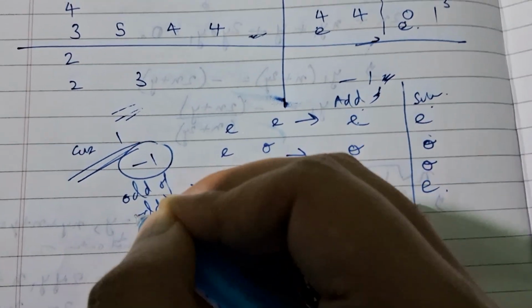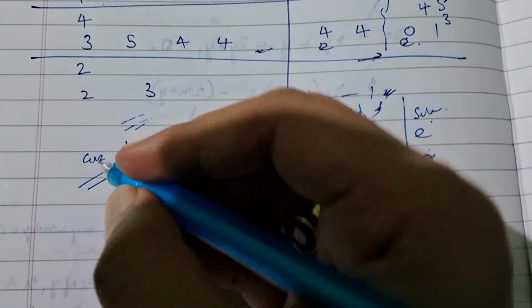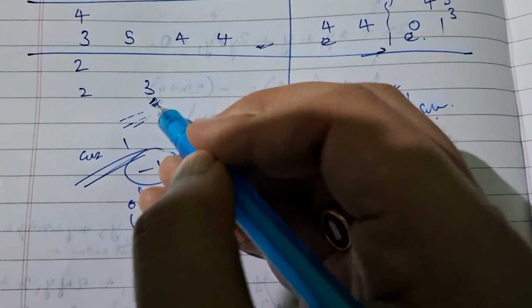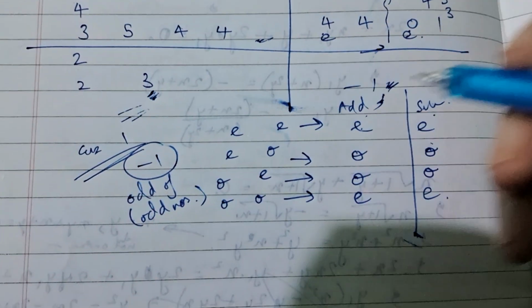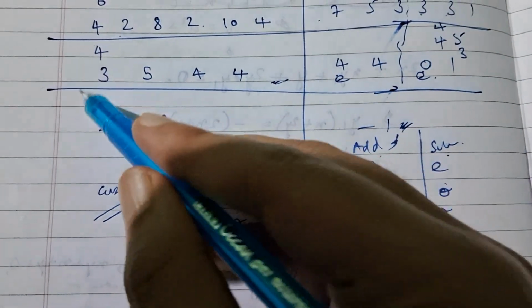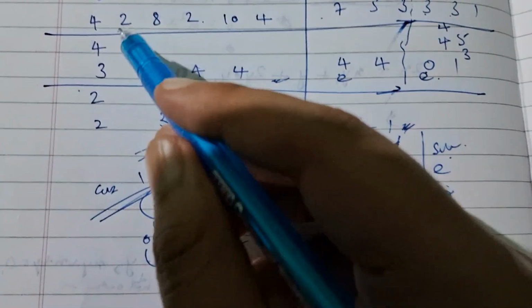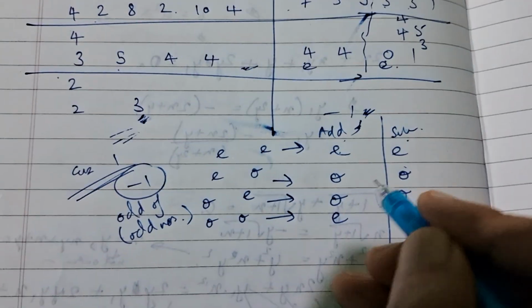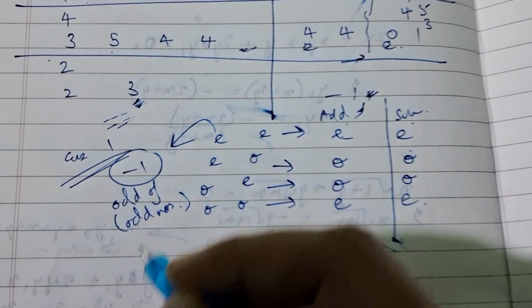Over here, there is only one odd number, so this is a -1. But for 3 and 5, there are 2 odd numbers, so this is okay. For this one also there is no odd number, so this is also okay. Clear? So this is the proof for why -1 happens.